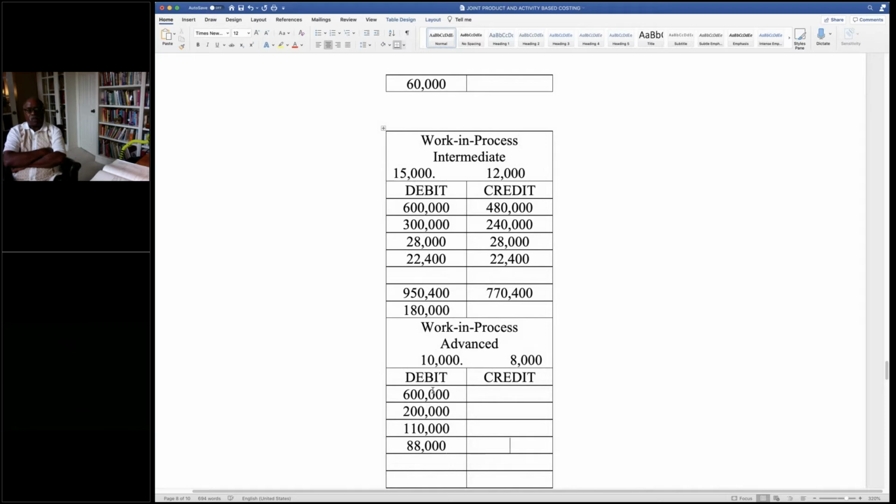On the other side, we have 80% of 600, which is 480, 160, and then we keep the overhead and the payment the same.